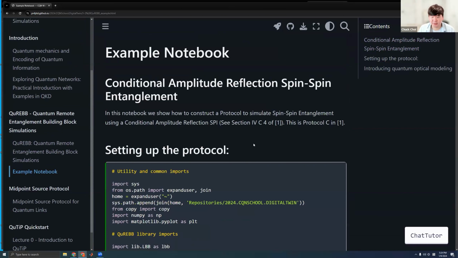I hope this helps you and is interesting for your own research.